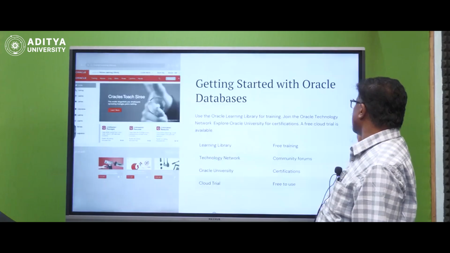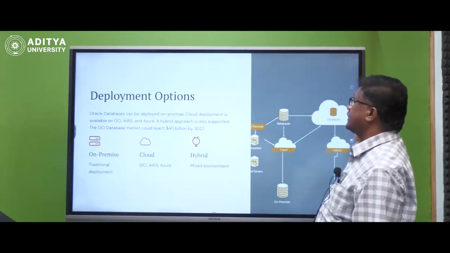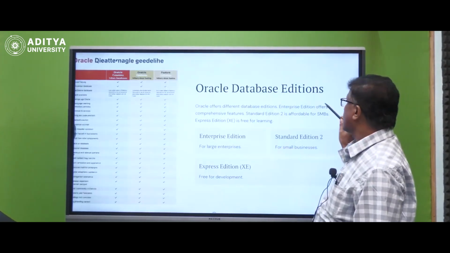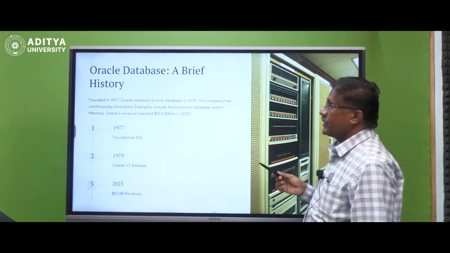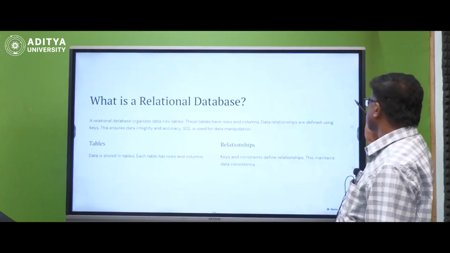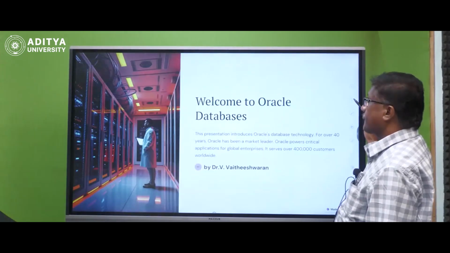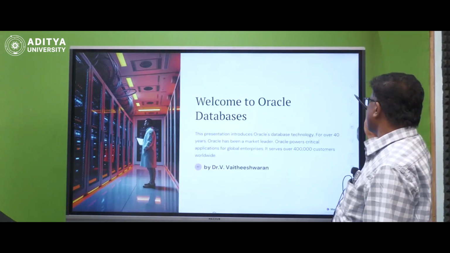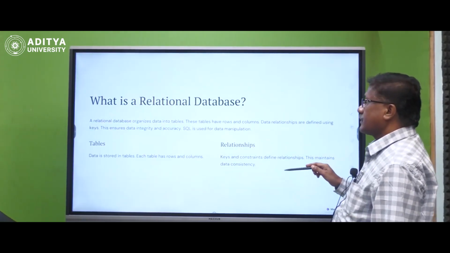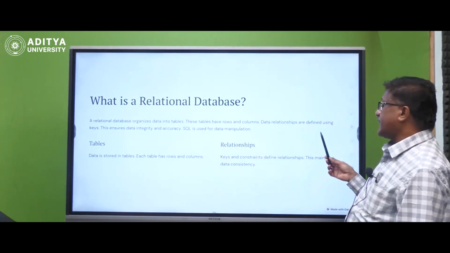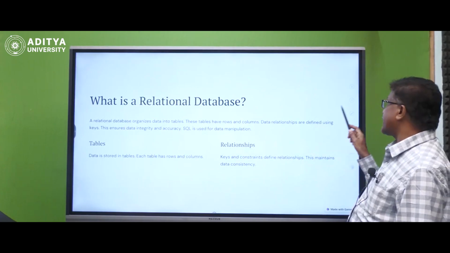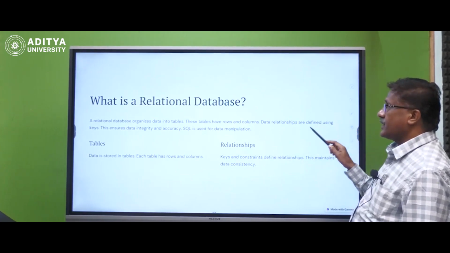Up to now, we talked about the basic introduction. Once again, repeating, then we will go to the second topic, Oracle database. A database is nothing but rows and columns, and data relationships are defined using integrity constraints and keys.